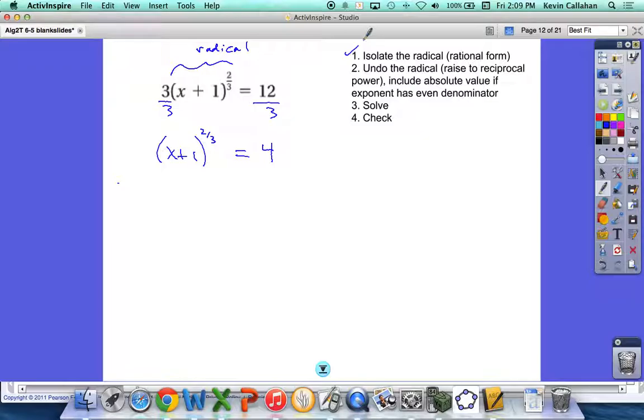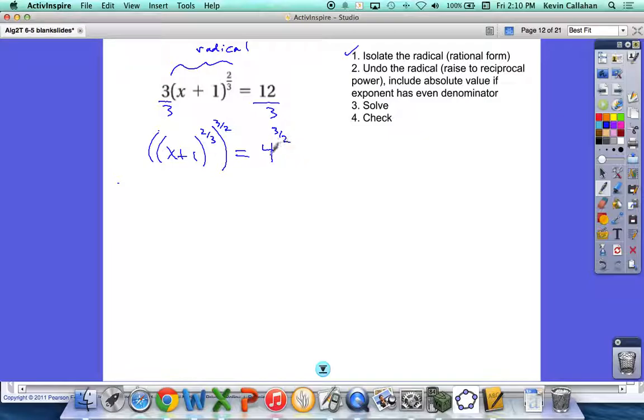Second step, we're going to raise each side to the reciprocal power of that 2/3. What's the reciprocal of 2/3? 3/2. So do this. Raise both sides to the 3/2. Now, what do you get when you raise? Well, first let's do the 4. What's 4 to the 3/2? The square root of 4 cubed.